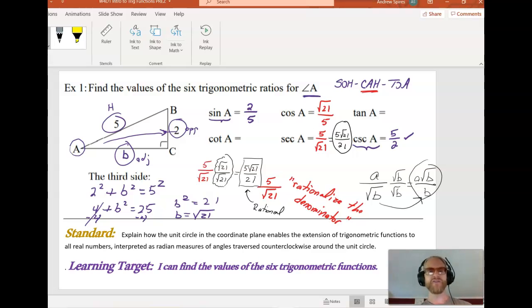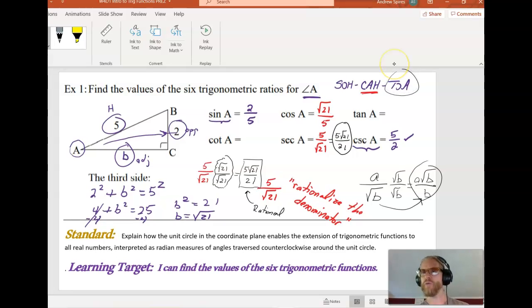Okay, so now we found cosine and the reciprocal, which is secant. We found sine and its reciprocal, cosecant. Now we need to find tangent. Tangent is TOA. So tangent is 2 over root 21. Now, before I start to rationalize, I know I'm going to go ahead and flip that. Tangent and cotangent are reciprocals.